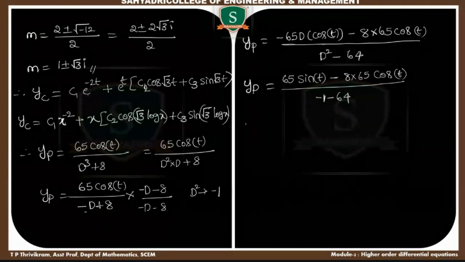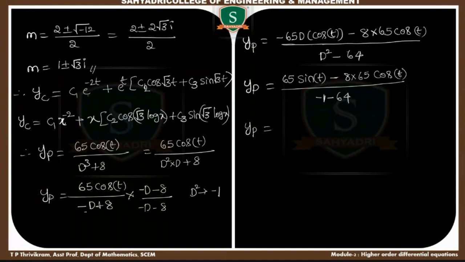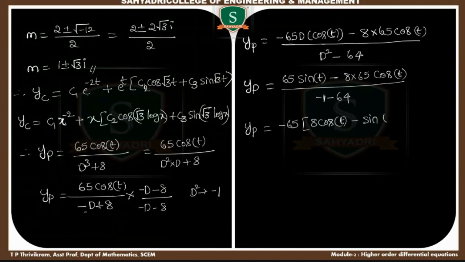Okay. So yp is equal to, if you take minus 65 common, what happens? 8 cos t minus sin t divided by, in the denominator also we'll get minus 65.